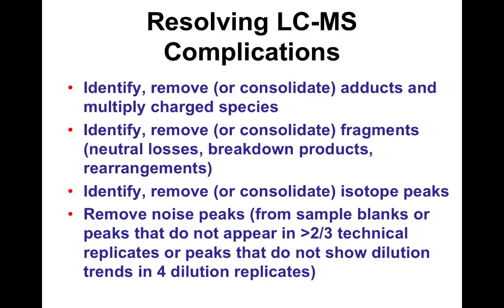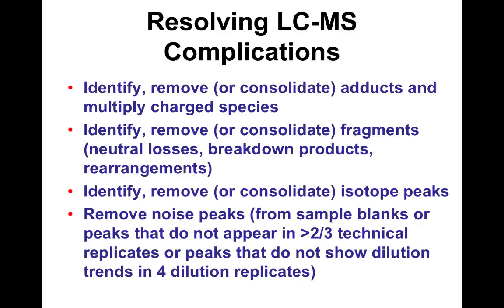When you're working with LC-MS data, particularly with more sophisticated software, which you will deal with in XCMS or MZmine or other tools, you'll try to consolidate those adducts and multiply charged species. You'll also try to consolidate some of the fragments, the neutral loss fragments, some of the in-source fragments, breakdown products and rearrangements.